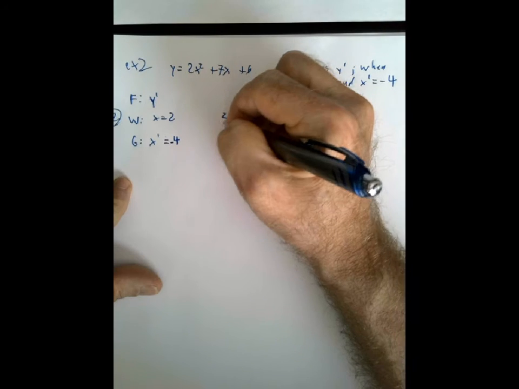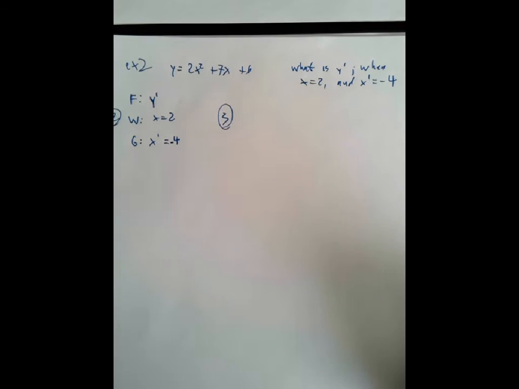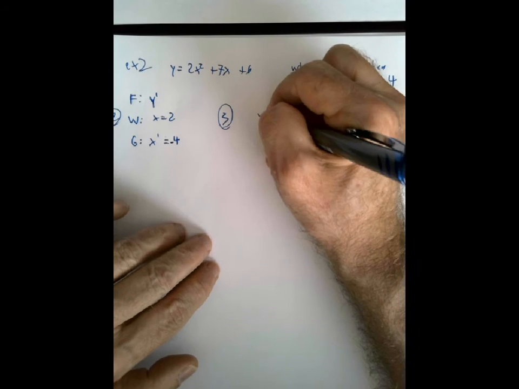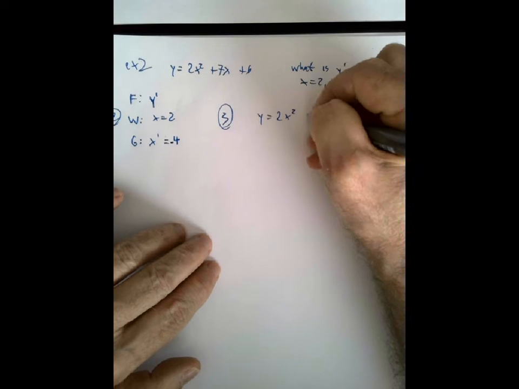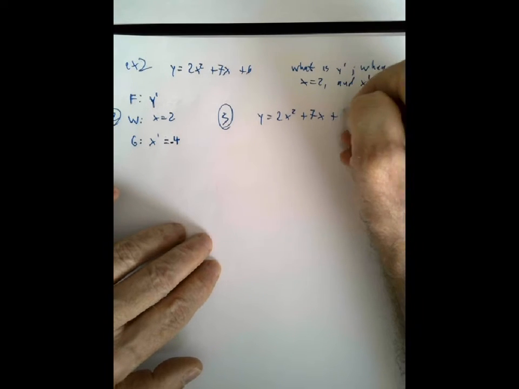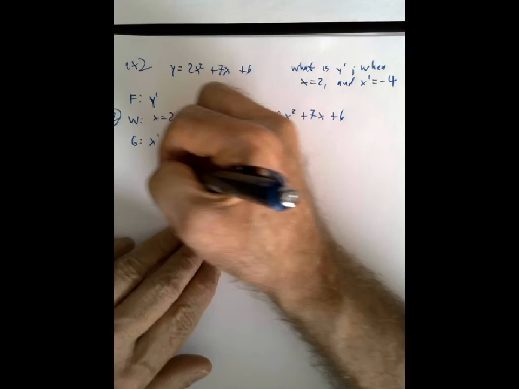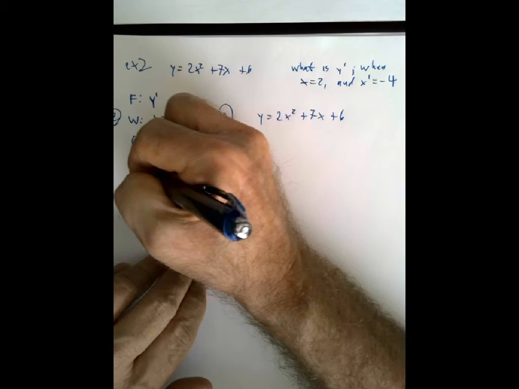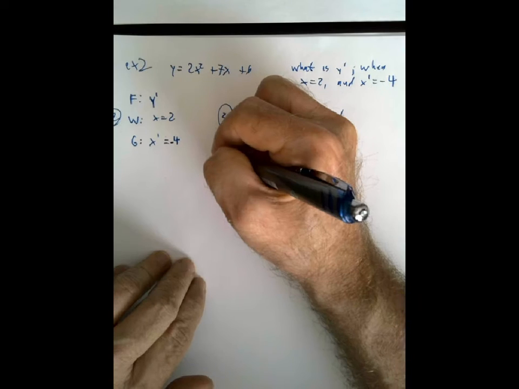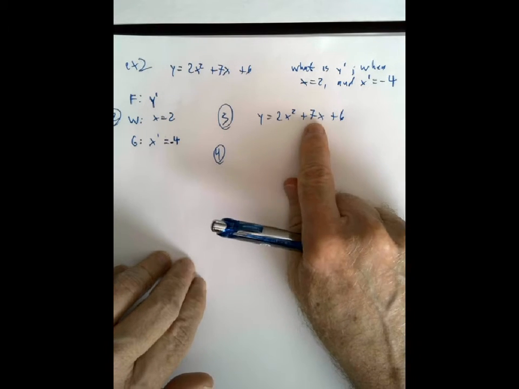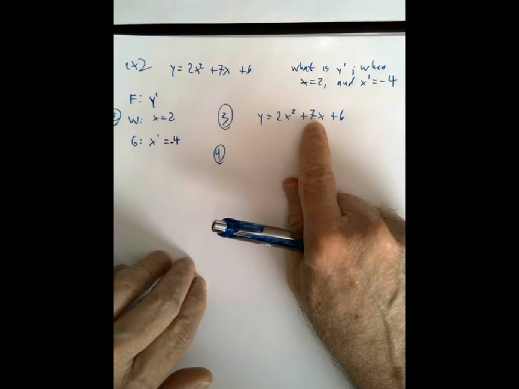Now step 3, we have to specify an equation that relates x and y, the two quantities we're working with here. Luckily, you've been given that: y equals 2x squared plus 7x plus 6. Now, step 4, we take our slightly new style derivative where we're implicitly differentiating the x and the y.